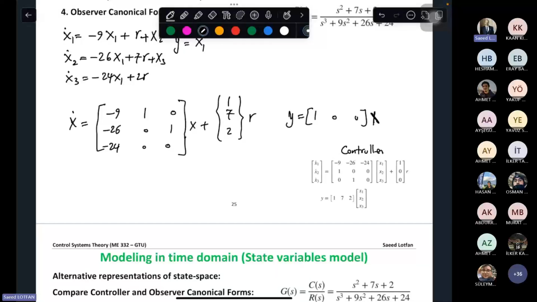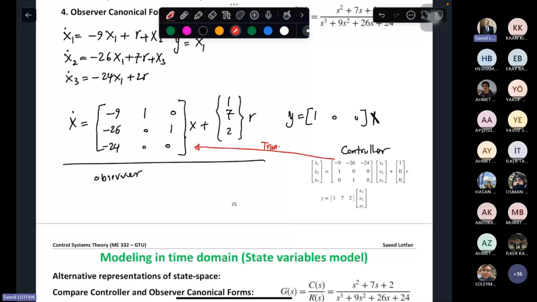This is the observer form. What do we see? You see this guy has become transposed. This guy has transposed here, and this guy has transposed here.